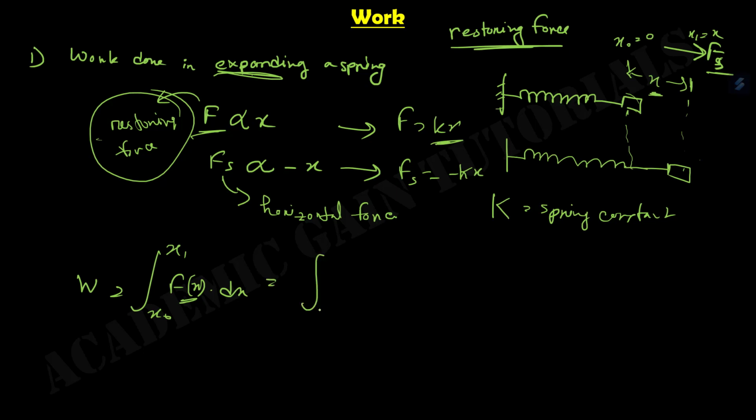Instead of x naught we use 0 as it is the equilibrium point, and instead of x1 we use x, because we pull from the equilibrium point to x. By implementing the integration formula, we get half k x square. So this is the work done in expanding a spring because of the restoring force.